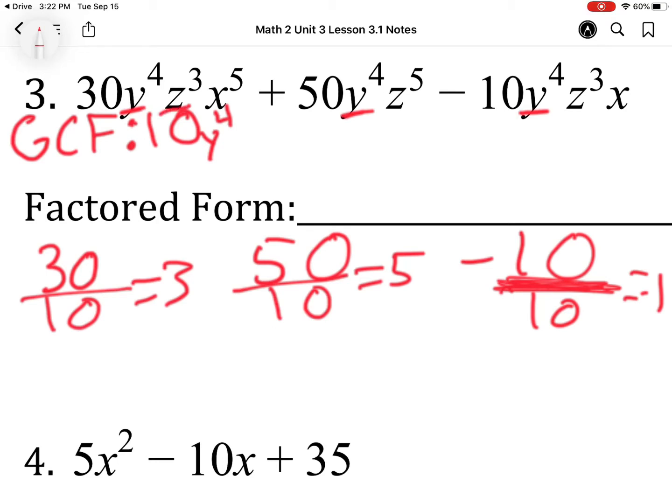Then I see a z, z, z. So z makes it in all three terms, so it's going to make it into the GCF. The smallest z exponent is 3.